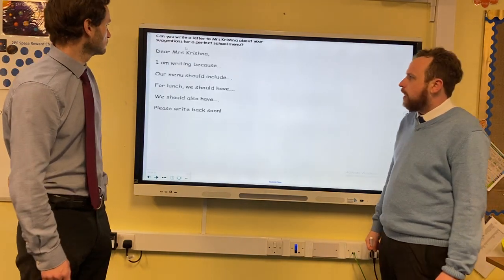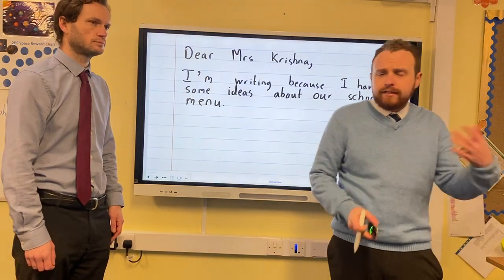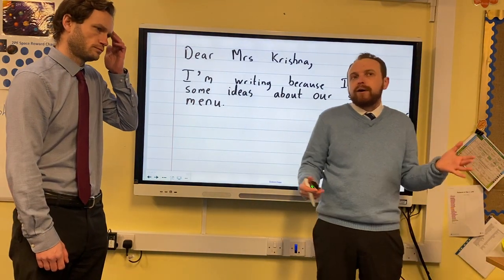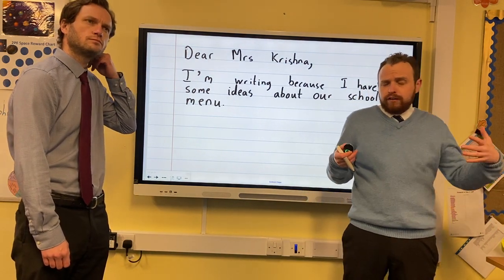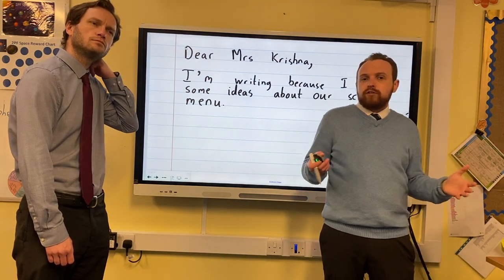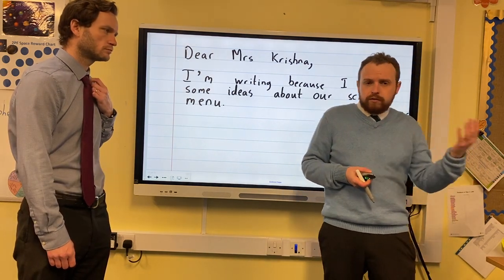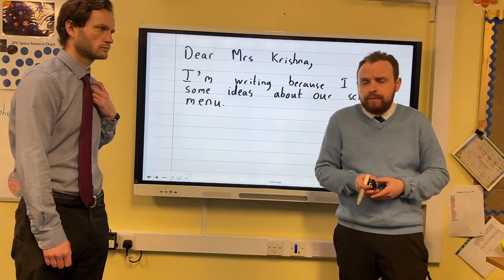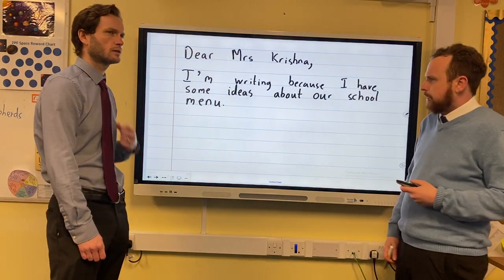Okay, so our menu should include. Hopefully yesterday you've already come up with some ideas about what you would want on your ideal school menu, and you will have written those as expanded noun phrases. So for example, some delicious pasta, 3 golden fish fingers, I think we came up with yesterday, didn't we?